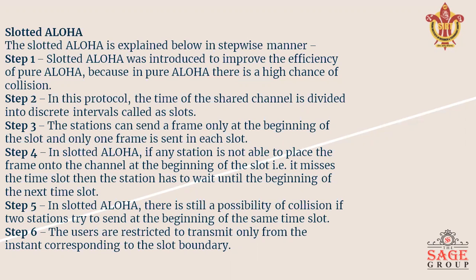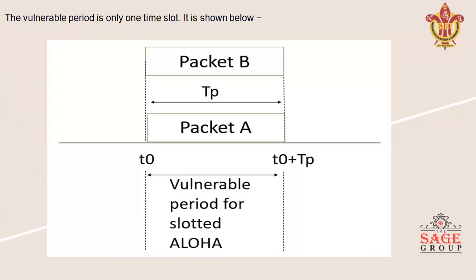And now in step 6, the users are restricted to transmit only at the instants corresponding to the slot boundary. Users are restricted to transmit only at the particular time period, not at the same time. Now, this is the available period, it's only one time slot.